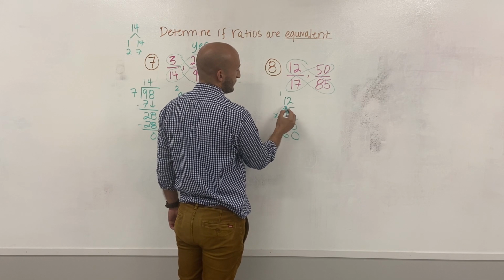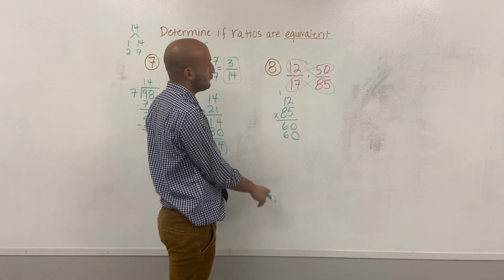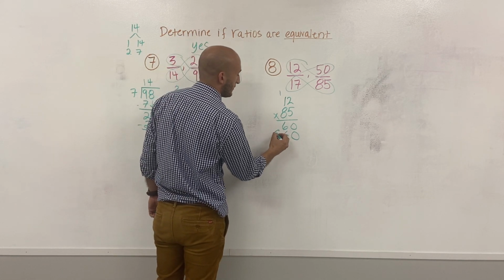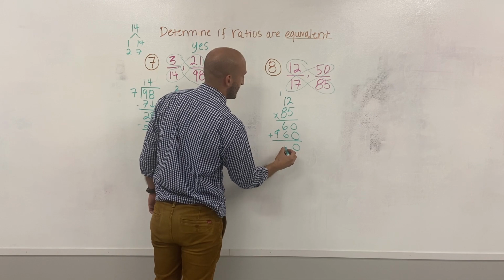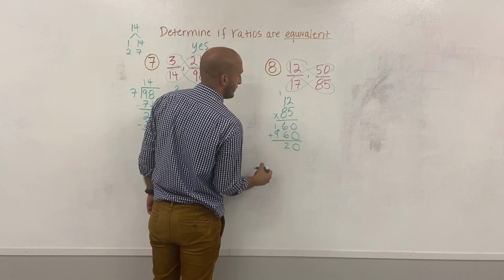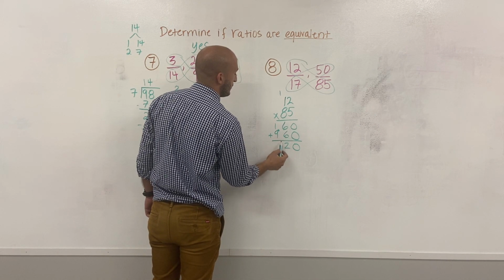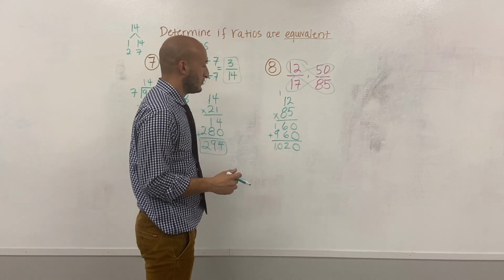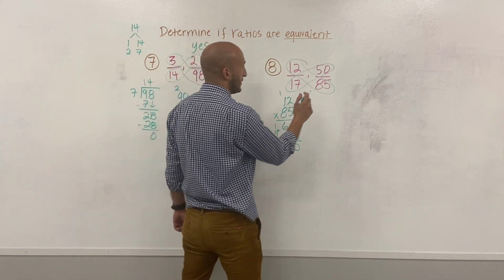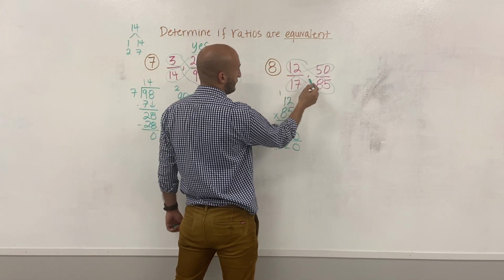Carry the 1. 8 times 1 is 8, plus 1 is 9. I'm going to add these, and I get 6 and 6 would be 12. I carry the 1, then that would be 10. So it would be 1,020. Okay, so that was for 12 times 85.